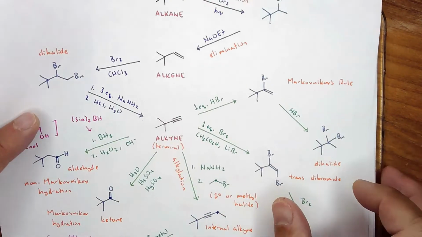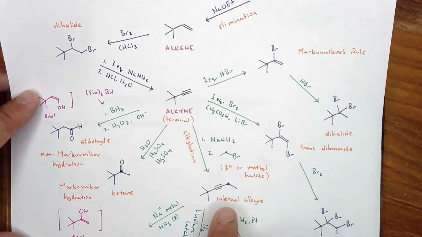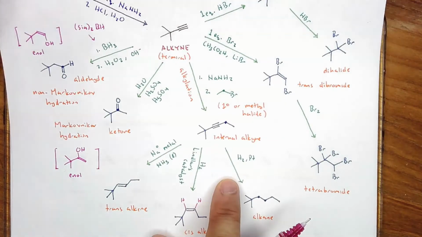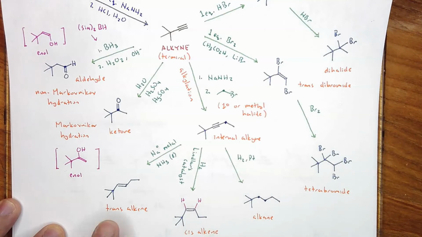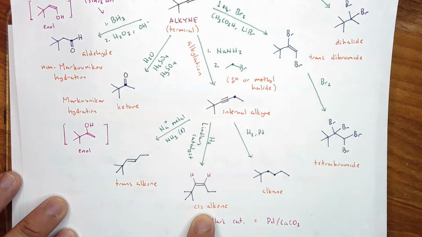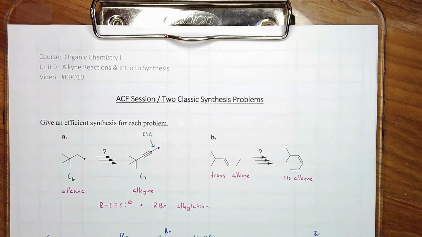Why? Because the alkyne, when it's an internal alkyne, gives us an opportunity to choose whether we want to make the trans alkene or the cis alkene. There is no reaction that's typically taught in organic chemistry where you could just convert a trans into a cis in one reaction. You have to do several steps.